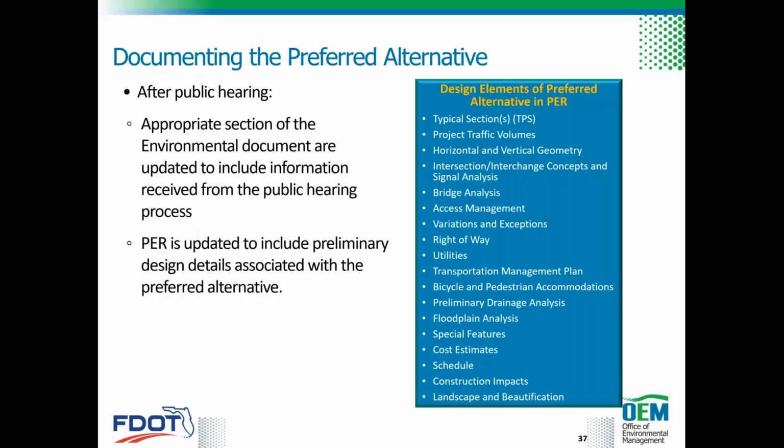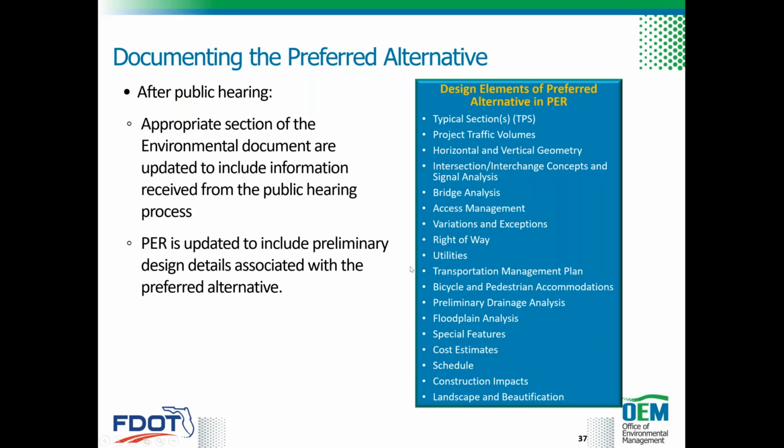Once the public hearing is held and public and agency comments are considered, appropriate sections of the environmental document are updated to include information received from the public hearing process. In addition, the PER is updated to include the preliminary designs.